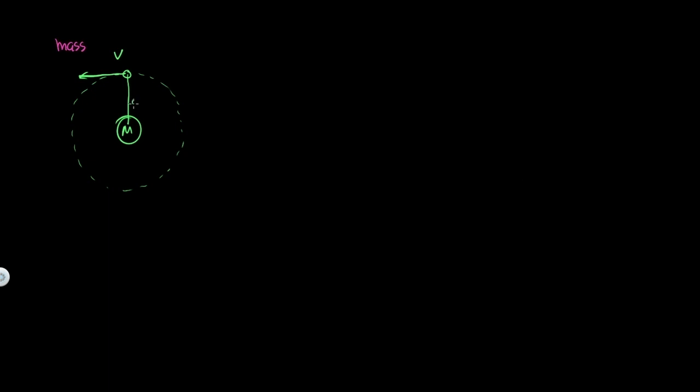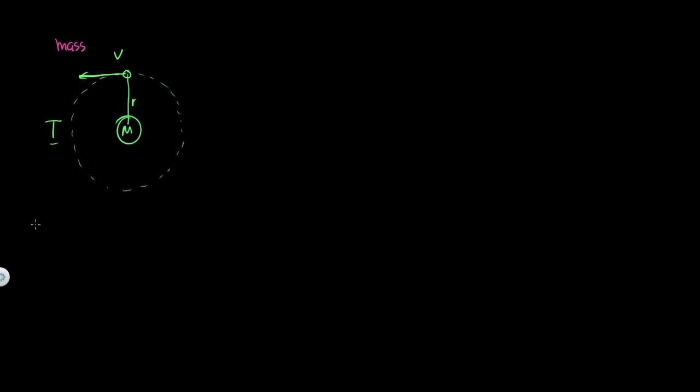We already know the distance between the two objects, and we use the symbol r. Then we know the period T, the time taken to move on this circular path, or to complete one oscillation.